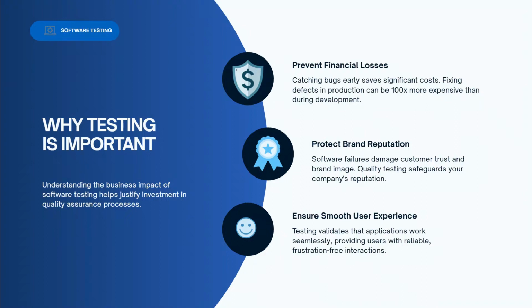In manual testing, the tester checks the application, interacting like an end user, and verifies how it behaves, whether it is behaving as expected or not. All those things he will check. It is one of the basic and very important types of testing, especially for beginners.